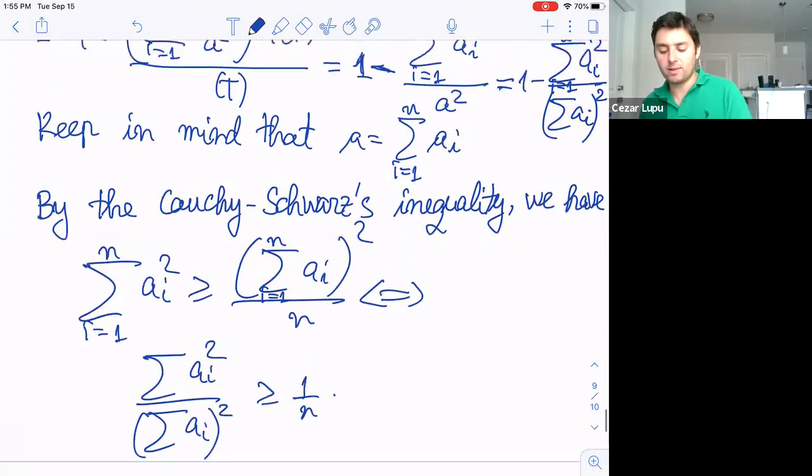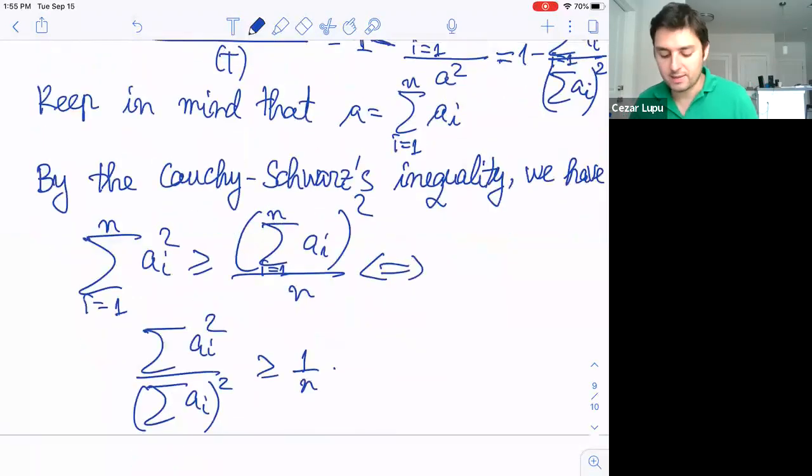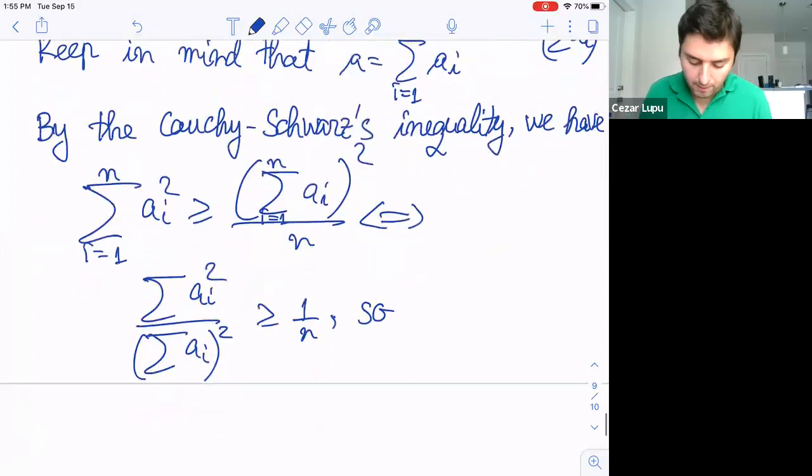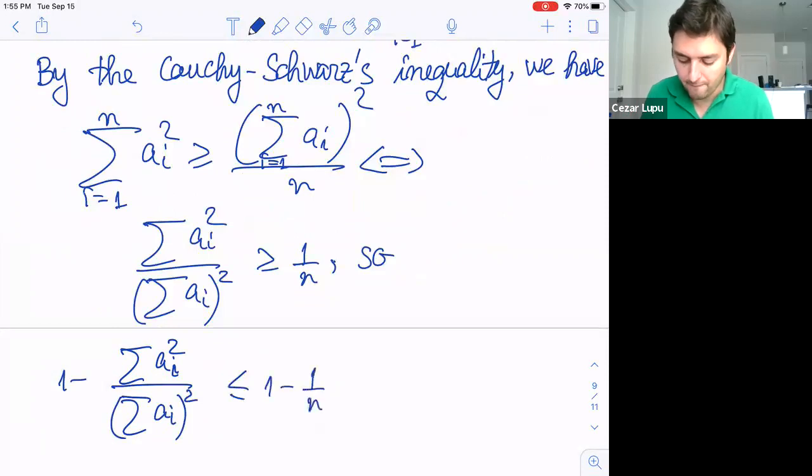So this is the minimum, right? With the negative sign, it will be less than. So 1 minus the sum of A_i squared over the sum of A_i everything squared will be less or equal than 1 minus 1 over n. And this will be the maximum.